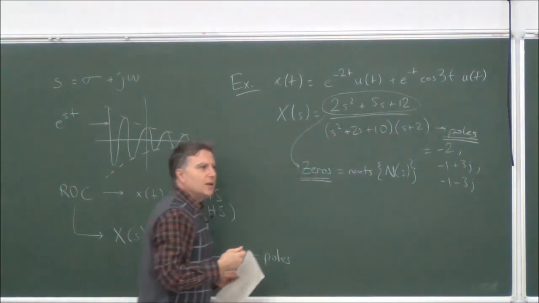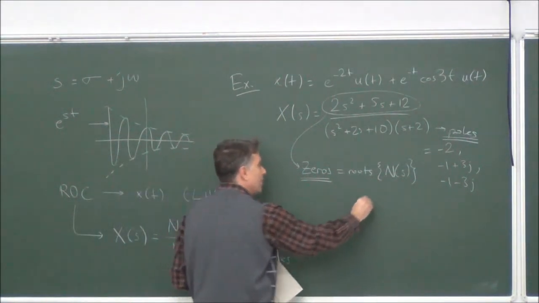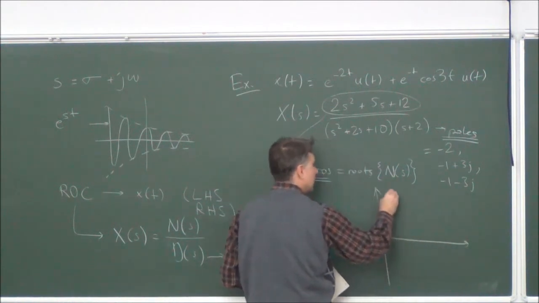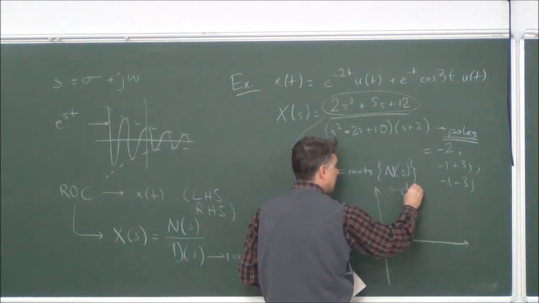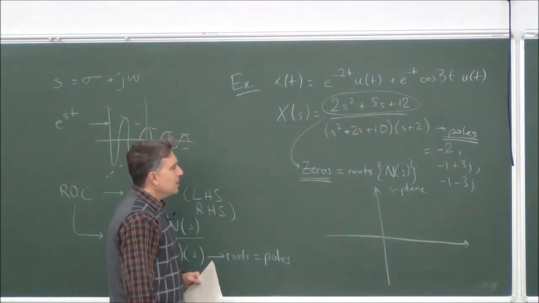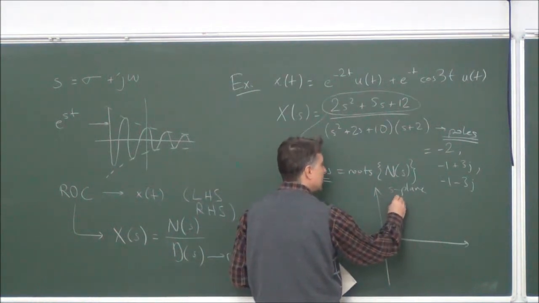So an alternative name for the S-plane is also the pole zero pattern.